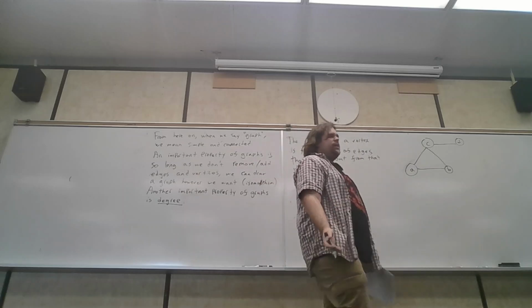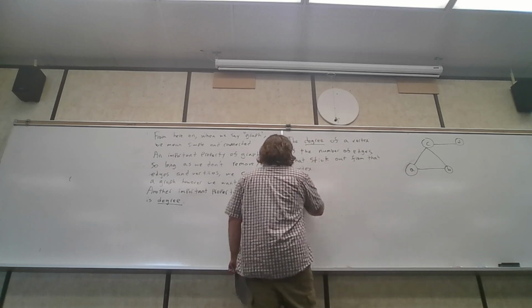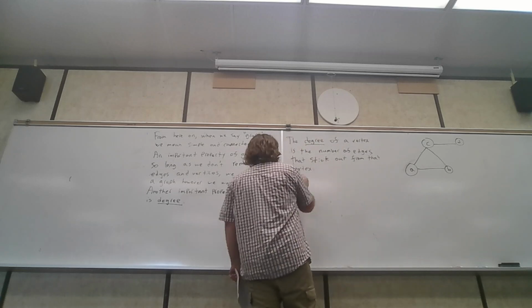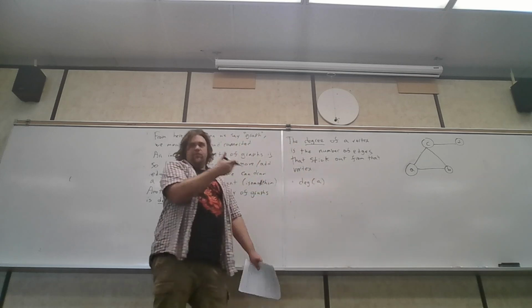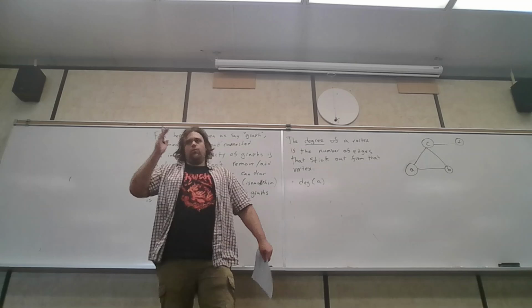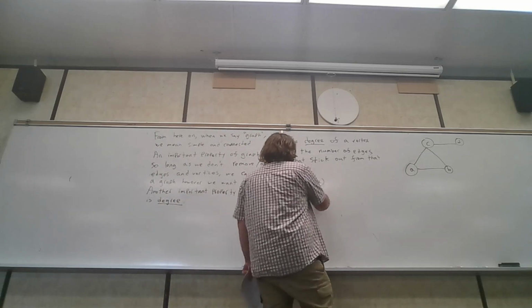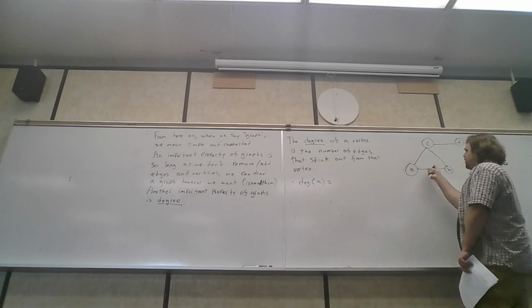We could talk about the degree of every single one of these vertices. And the notation we would usually use is just DG, degree. You don't have to use that notation. You could just say the degree is whatever. But the degree of A, we just have to look. How many edges stick out of it? 2.